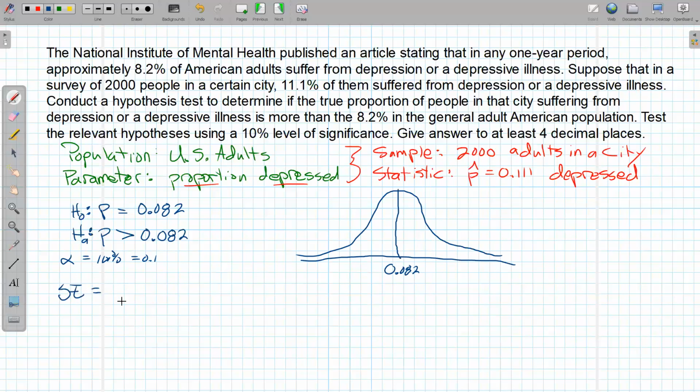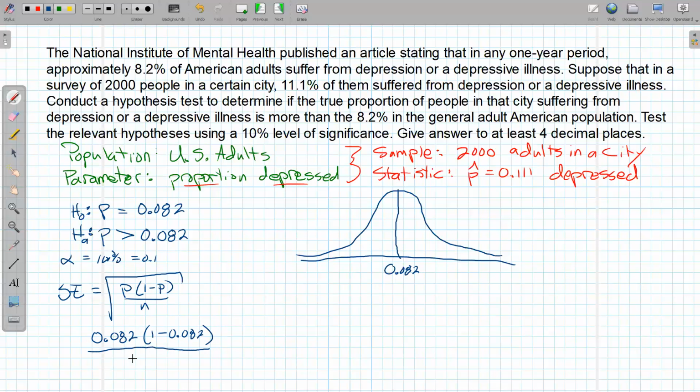Standard error for a hypothesis test is the square root of p times 1 minus p divided by n. So our standard error is going to be 0.082 times 1 minus 0.082, all divided by n. Sometimes I do that in my head, but that's dangerous to do on a test.